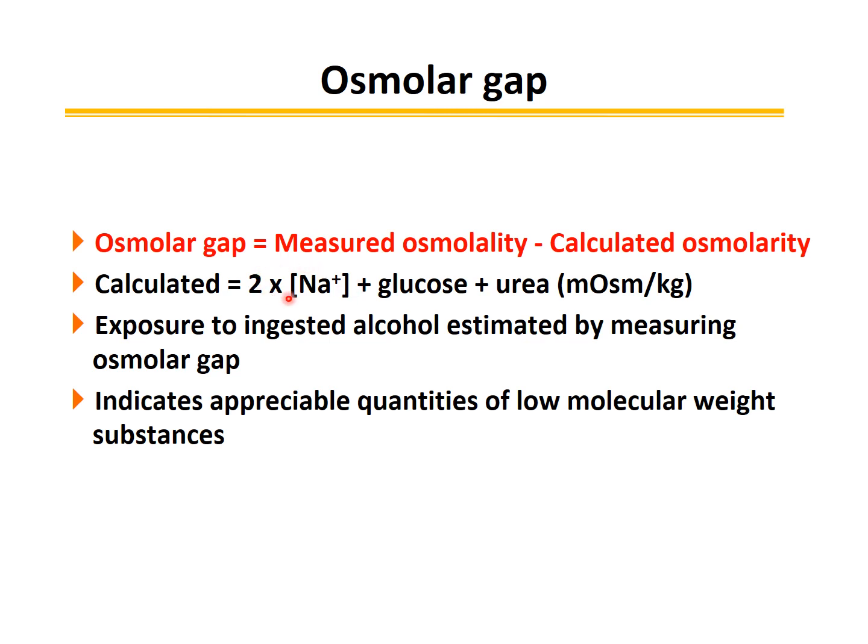We take twice the sodium because the sodium is not alone. That's a strong acid and strong base salt, sodium chloride, so the chloride should be taken as well, which is why you take twice the sodium. Then glucose and urea. Now, this gives you roughly the normal osmolarity. The difference is around 12, 15 or something, that's very low.